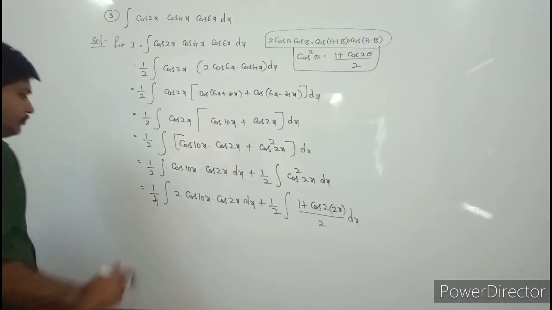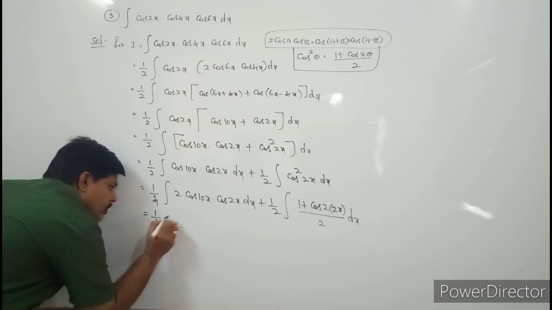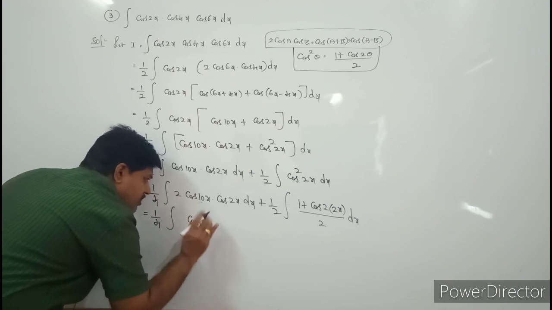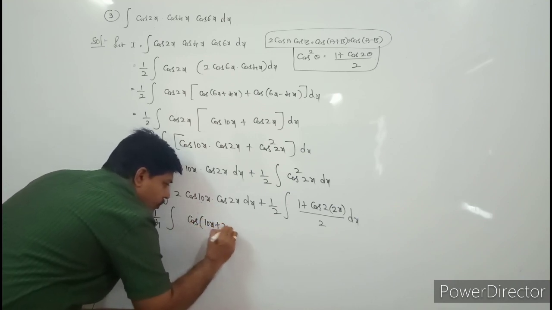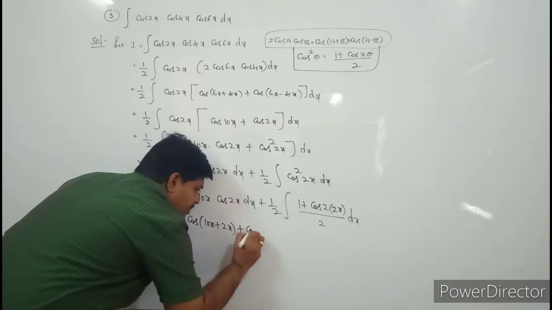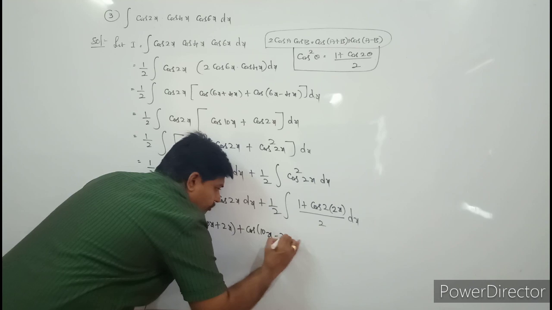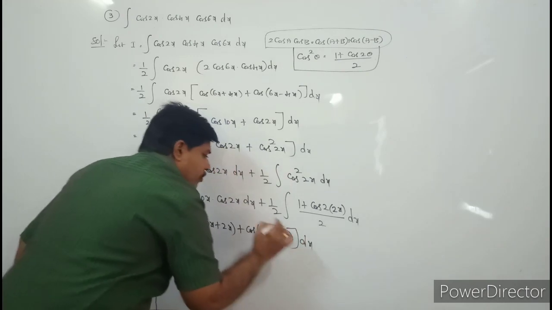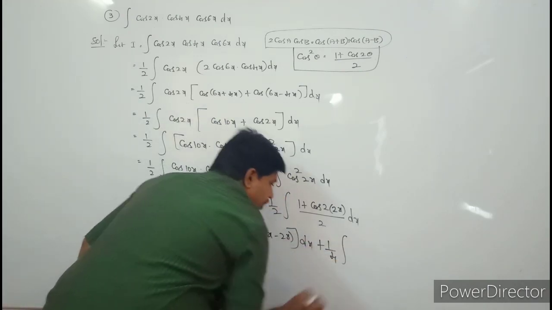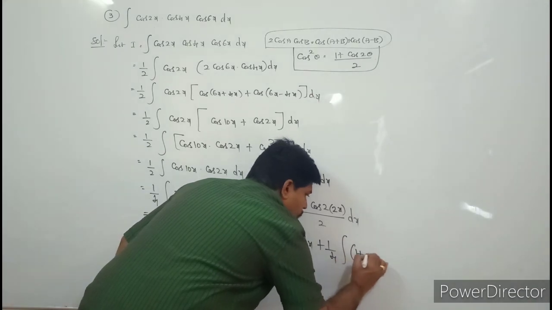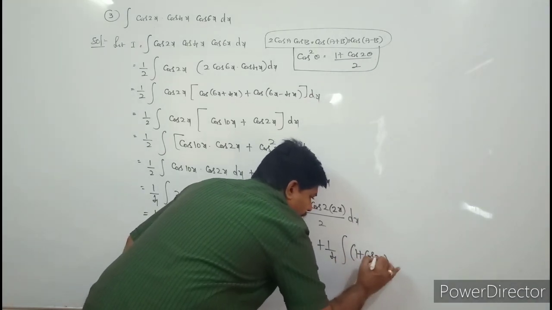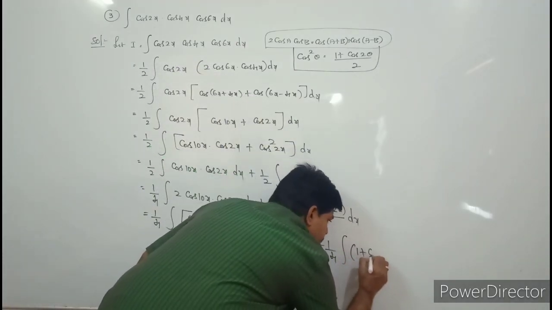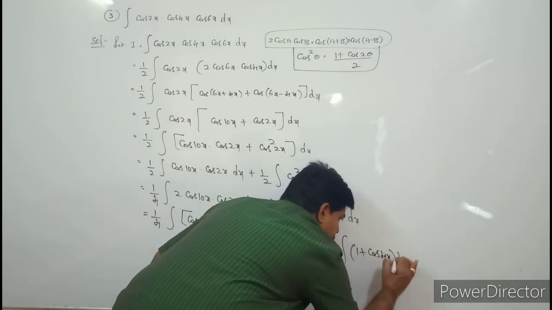So that is equal to 1 by 4 into the integral of 2 cos A cos B. Once again the formula is cos of A plus B plus cos of A minus B. Take this 1 by 2 out, it will become 1 by 4 into the integral of 1 plus cos 4x into dx.